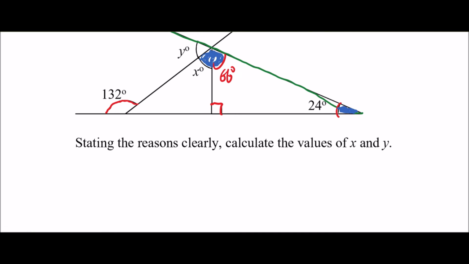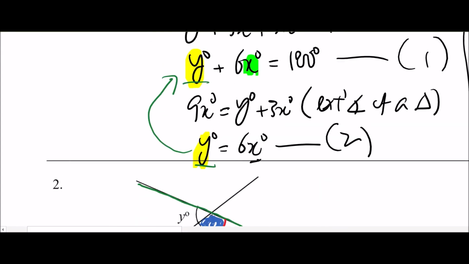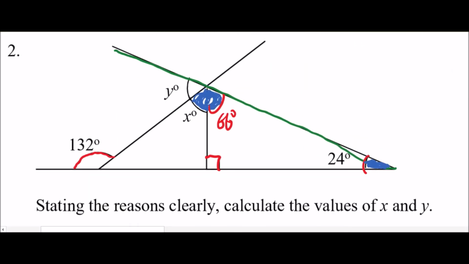I realized that there is no labeling of points in this diagram, right? There are no letters. Unlike this one, there's no ABCD over here. Can we go ahead and start adding in points on our own? Before I do that, I need to remind you again that if you are going to add additional pieces of information on your own in a diagram, and the answer booklet is the same as your question booklet, that means you are going to write your answer in the question booklet, no problem.